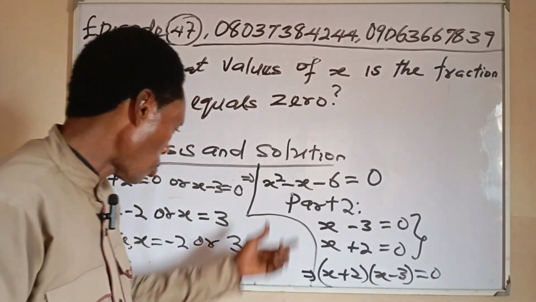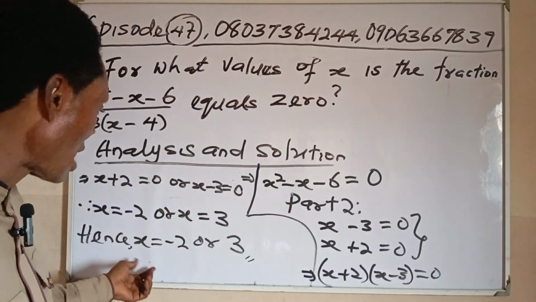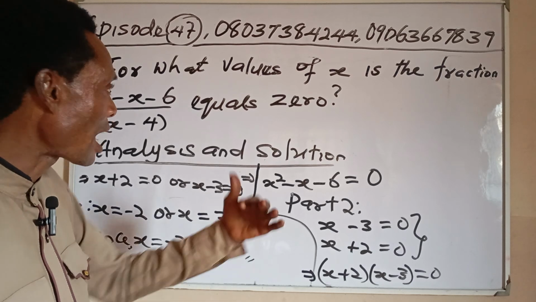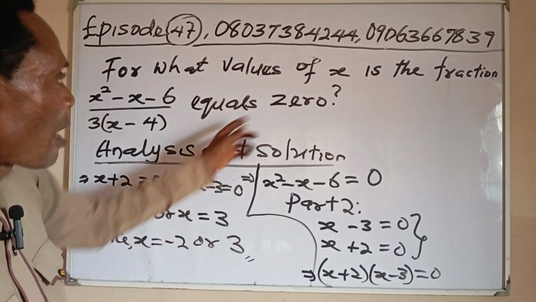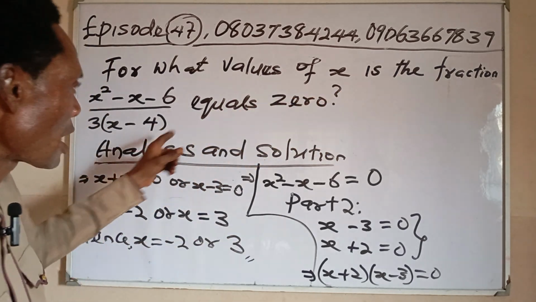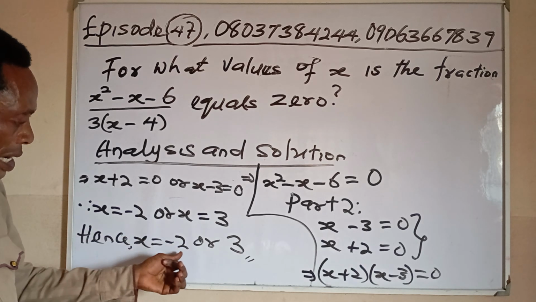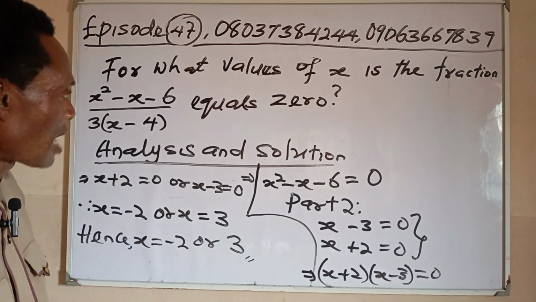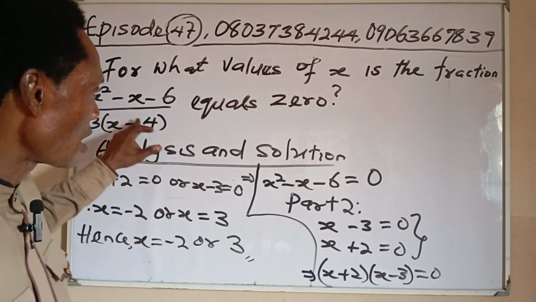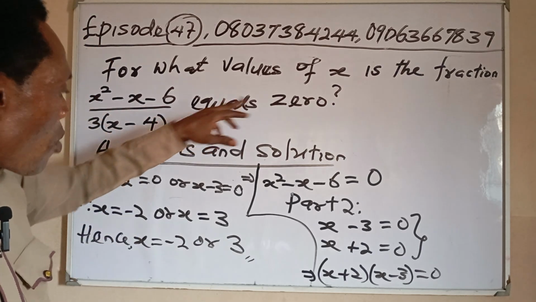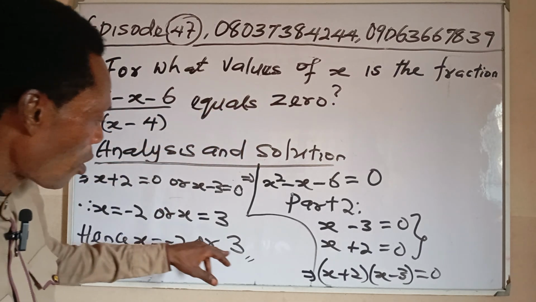So we have gotten s. s is either minus 2 or 3. That is to say, the value of s for which the fraction equals 0 is that s is either negative 2 or 3. So this fraction is equal to 0 when s is either negative 2 or 3.